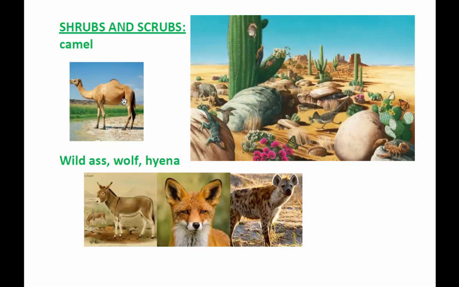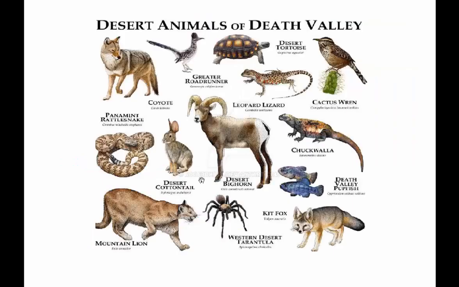It is used for transportation, and some of the wild animals like wild ass, wolf, hyena are found in these various desert vegetations. Okay, you can even see some of the important desert animals of Death Valley. These animals are found, including desert tortoise, western desert tarantula and all. Okay, mountain lions.